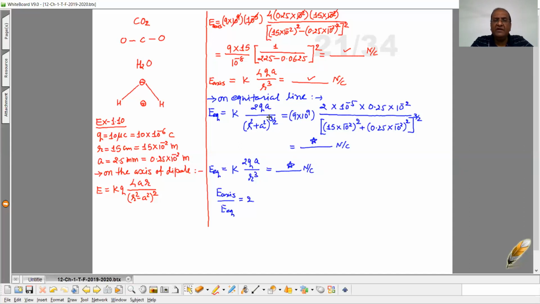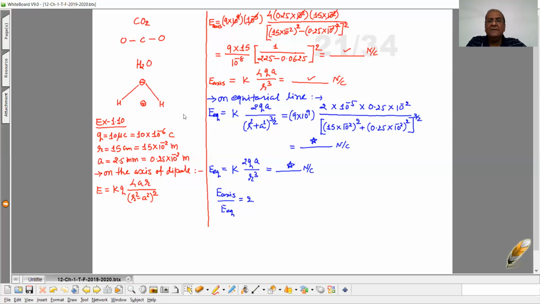Now substitute the values of K, Q, A and R here and then solve it. Then by considering A very much less than R, we can use the equation K 2QA upon R cube, and again if we substitute the values and solve it, you will get the answer. And now we can compare these two, they will be nearly equal.